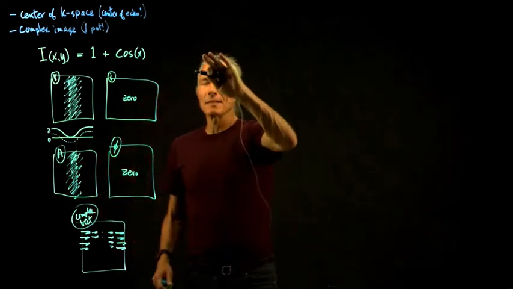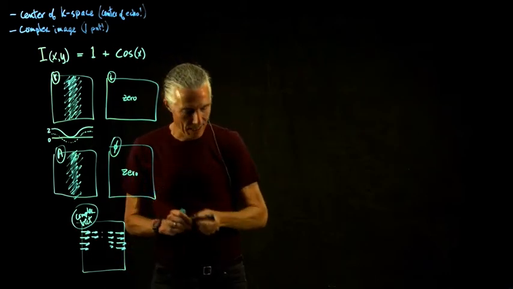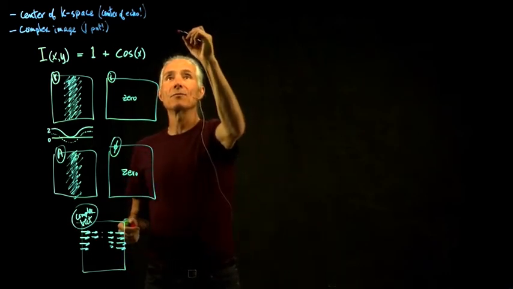So let's just write out the Fourier transform equation, and then substitute 0 into it.